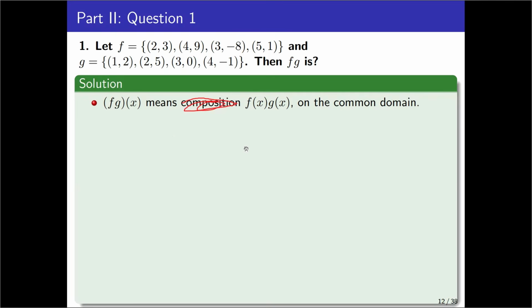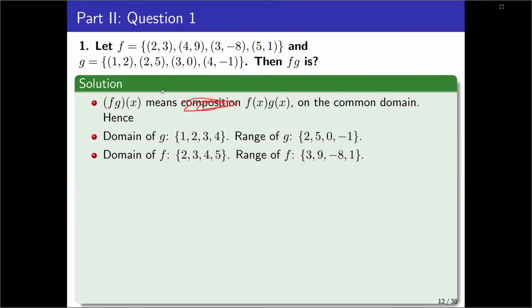The domain of g, as given here, is the set containing 1, 2, 3, and 4, and the range of g is 2, 5, 0, and minus 1.